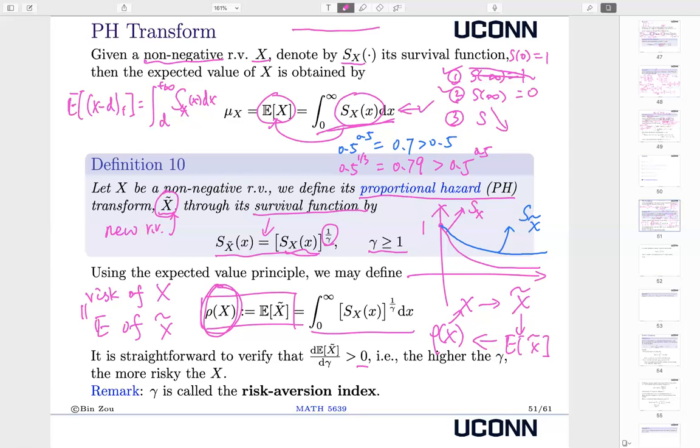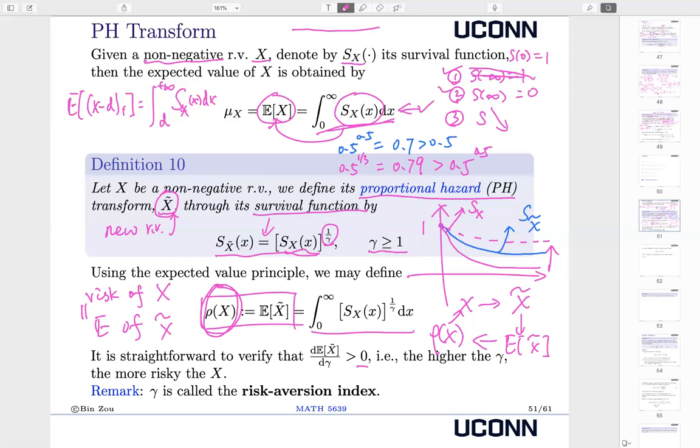So what it means is, if I apply a bigger gamma, every time I push up my survival function, I make the risk more dangerous to the company, right? Because the right-hand side is the dangerous zone. The higher I push up my survival function, the more probability I have on the tail part.